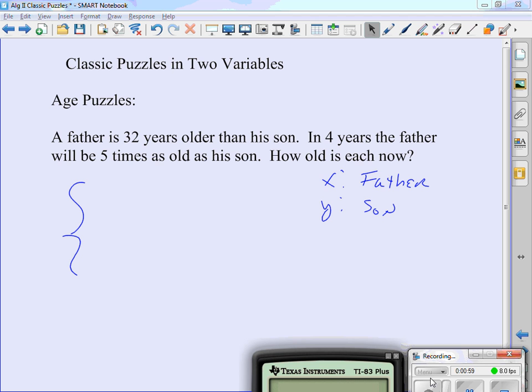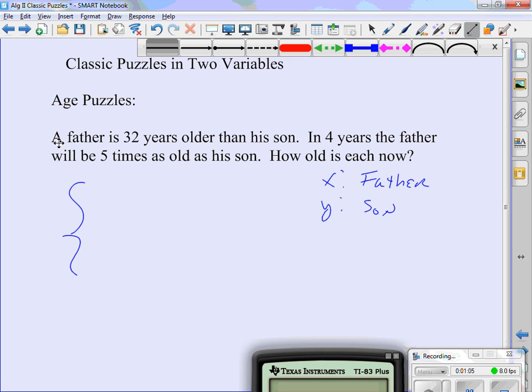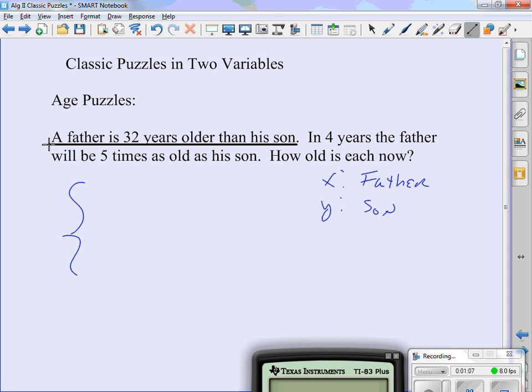Now, we need to break it up so that it's two equations. The first one is right here. A father is 32 years older than his son. How can I change that from words into a linear equation? X, is usually means equals.